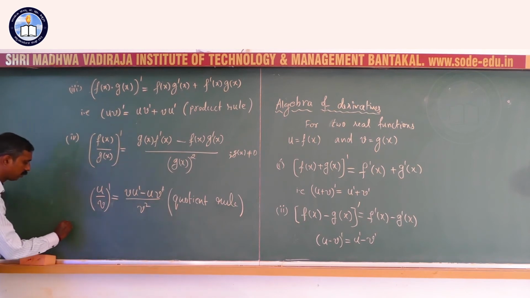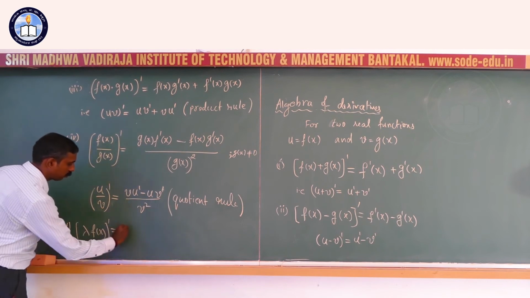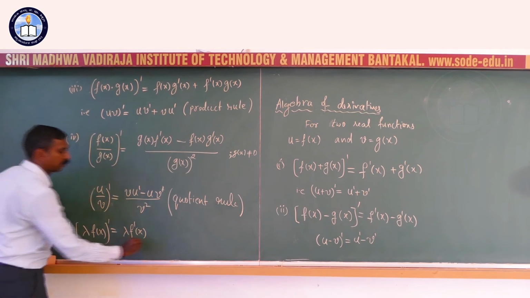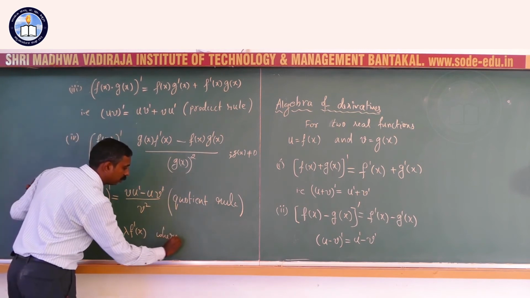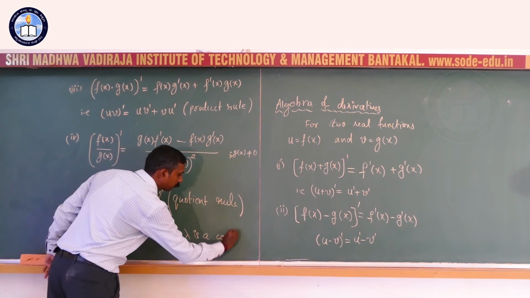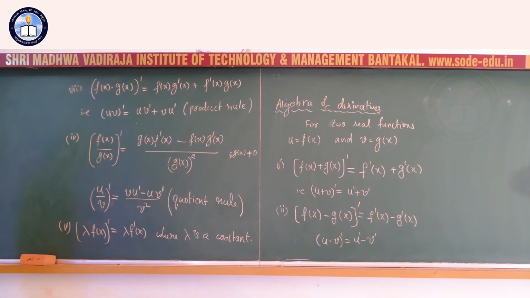And last one, fifth one, lambda into f of x whole dash is equal to lambda into f dash of x, where lambda is a constant. So we have to learn all these results to solve the problems.